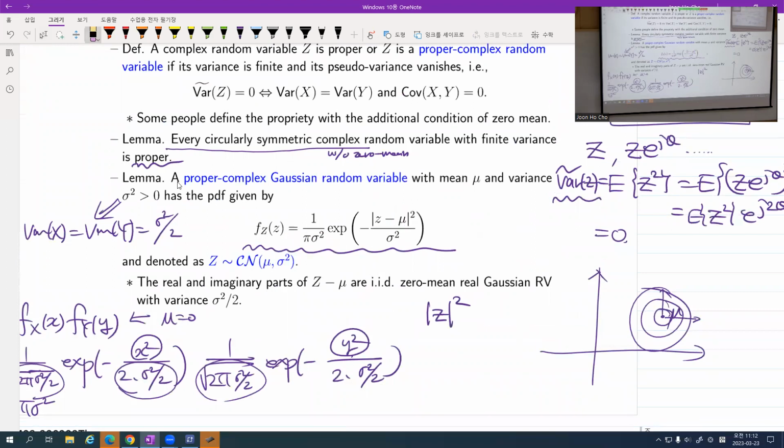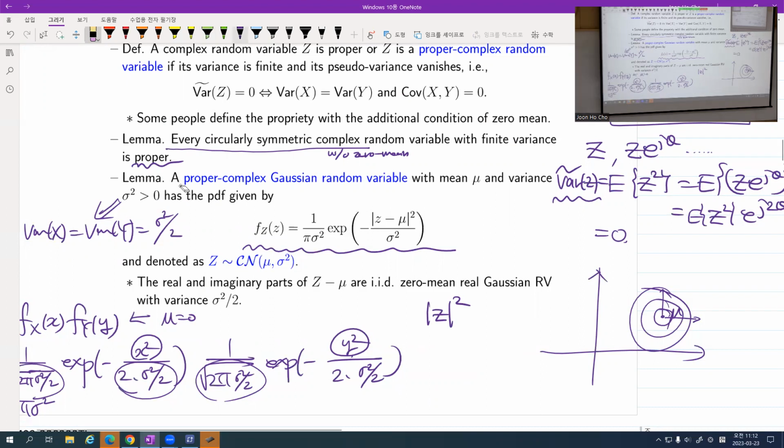So suppose Z is a proper complex Gaussian random variable with mean mu and variance sigma square. First, whether it is Gaussian or not, proper means what? Proper with variance sigma square means what? The real part has variance sigma square over 2, and the imaginary part has variance sigma square over 2. Now you have Gaussianity. What happens?